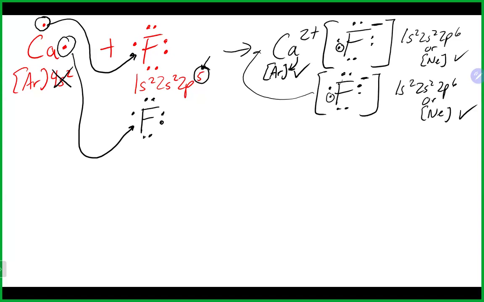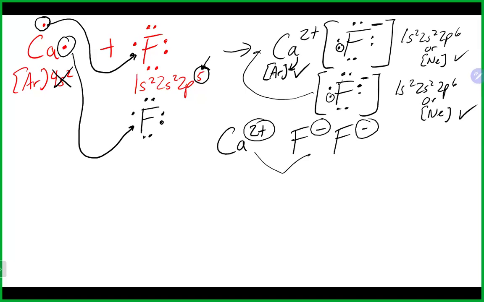Why is this important? It's important for what we were talking about with naming and all that stuff. When I'm doing naming and writing formulas and I have a calcium with a +2 charge and a fluoride with a -1 charge, how many fluorides do I need to get me to that magical number of 0, right? When I add up the charge, the real reason you do that is this reason right here.